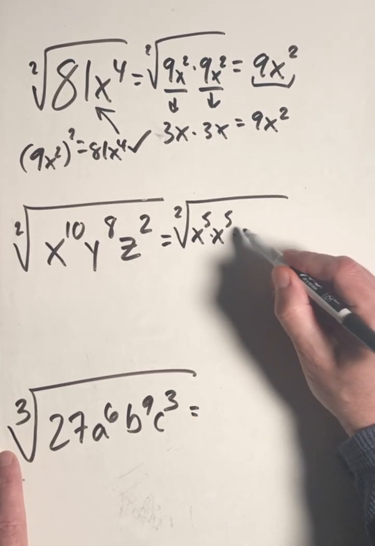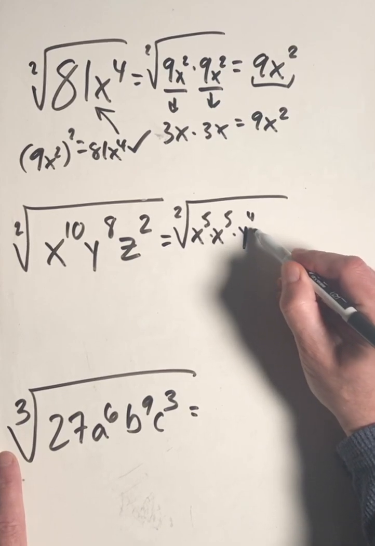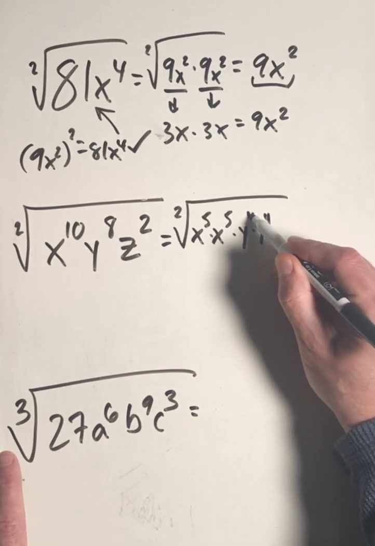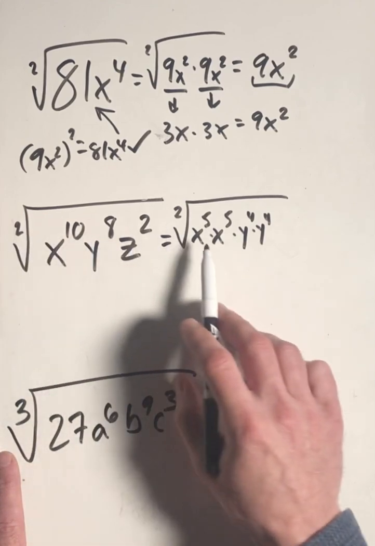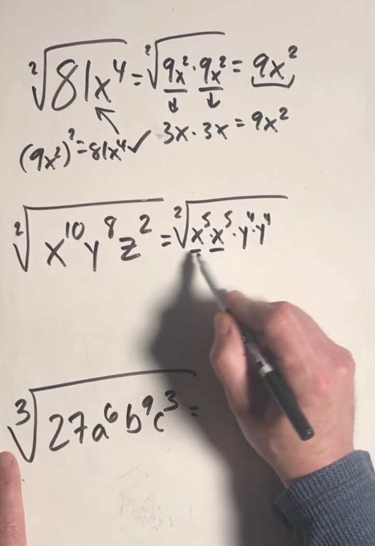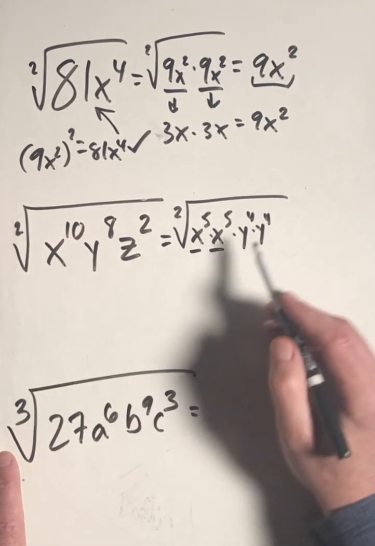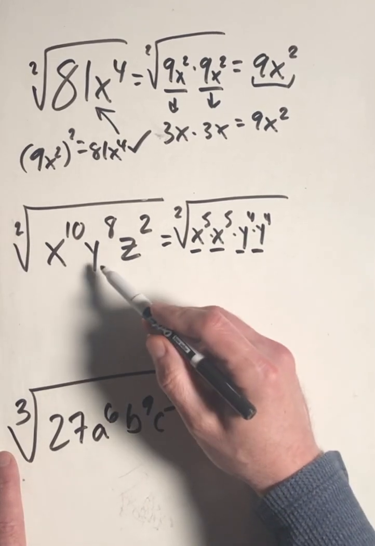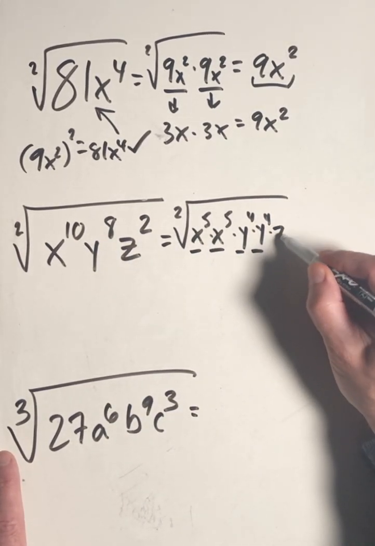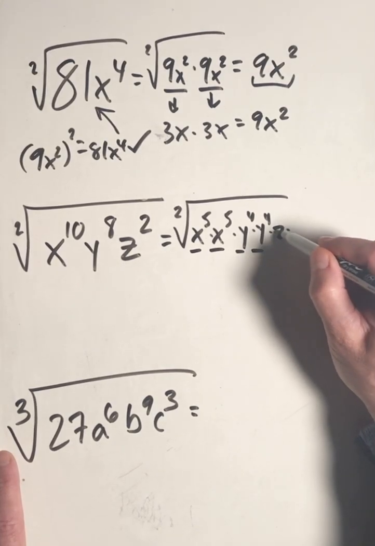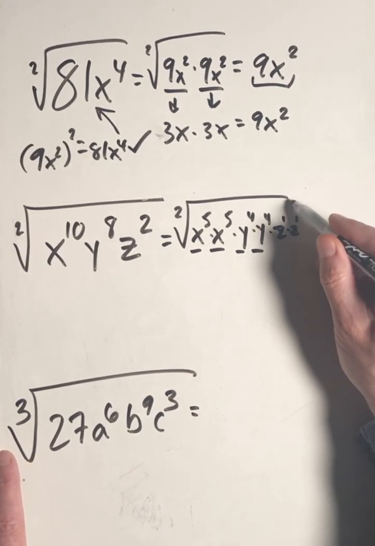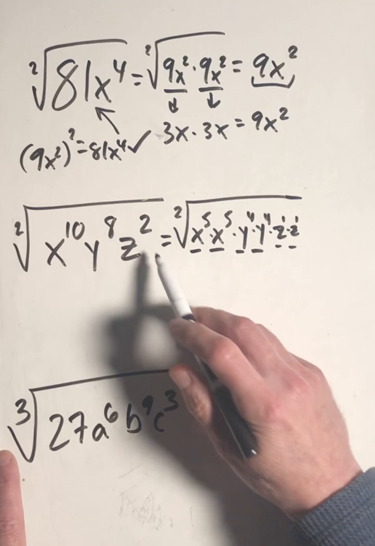When we're looking at y to the 8th, we're really looking at y to the 4th times y to the 4th, because we're looking for 2 groups. We have 2 groups that multiply to our x of 10. We have 2 groups that multiply to our y of 8. And we're going to have 2 groups that multiply to our z. And they're each going to be to the first power to equal a total of 2.